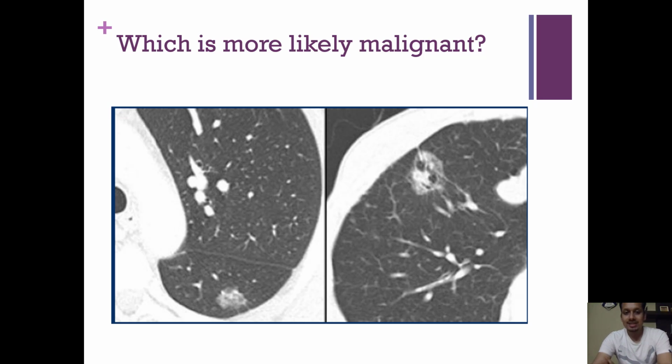Now let's compare these two images. In the image on the left side, you can see that this is almost entirely made up of ground glass opacities. Here you can see that there are some areas of ground glass opacities, and these areas are solid opacities. So this is more likely to be malignant than this.